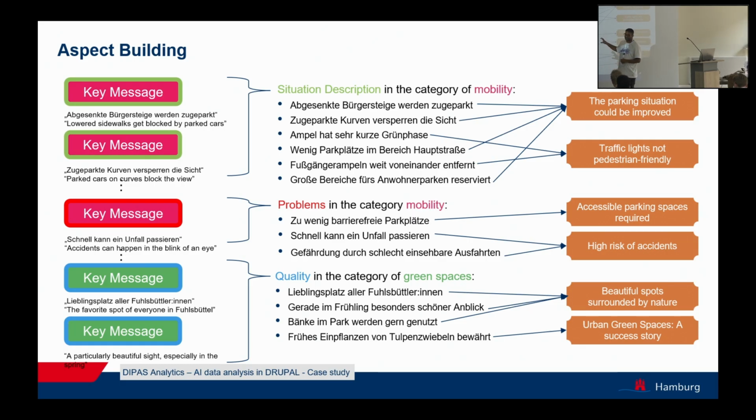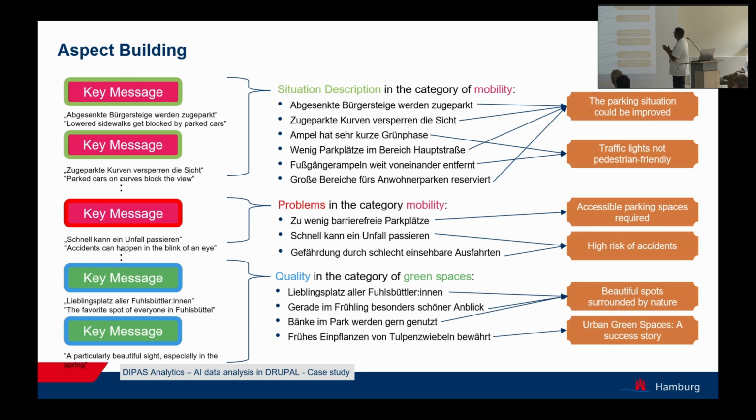At this stage, our stakeholders told us it would be good not only to have the statement labeling, but also to have some kind of type for the key message. For example, sometimes it's good to have the type of quality, like you can see here, the favorite spot of everyone in Fußball. Fußball is a district in Hamburg, and they like this spot. So it's more a good spot, but sometimes there are also problems.